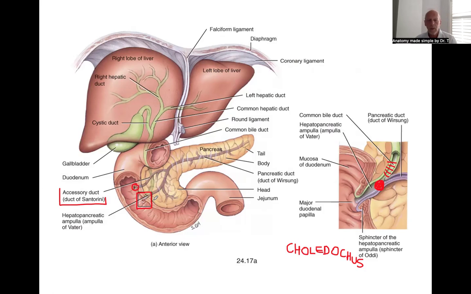As we know, we have pretty much all the locally elicited reflexes that are controlling events of the digestive tube. So pancreatic secretion will intensify upon arrival of chyme, acidic chyme from the stomach into duodenum.